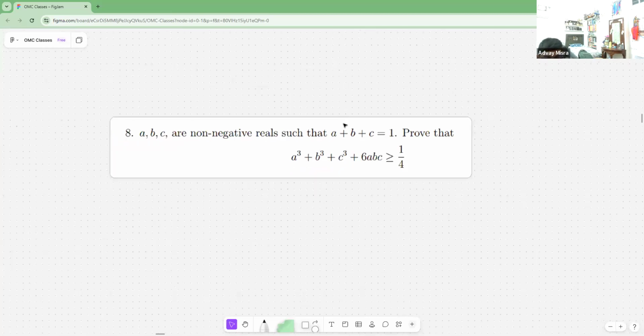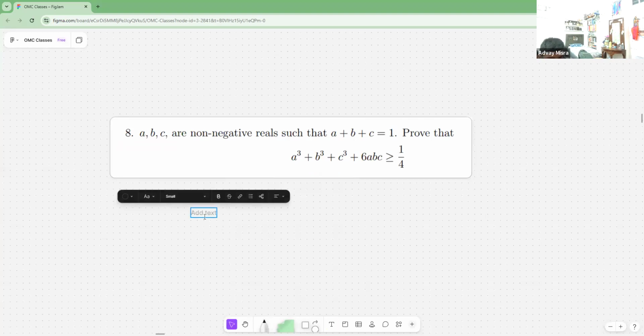I don't think you even need the triangle for this one. You can just do it directly. So actually I'm just going to write it out.